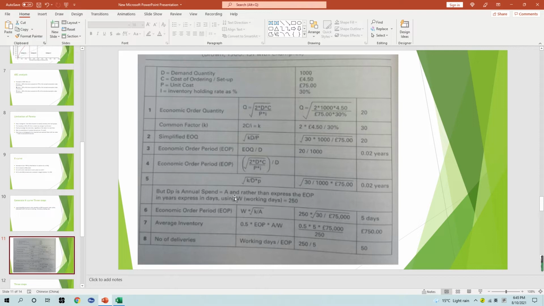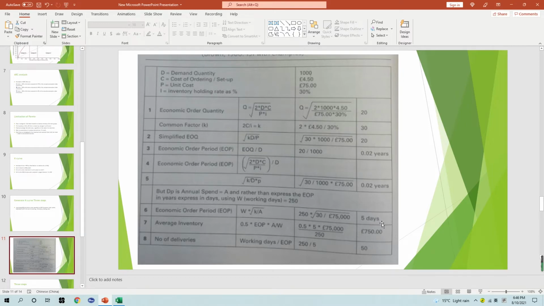Let's just say 250 days is the number of working days in a year. So we use the K factor divided by the annual spend, which is D times P, take the square root of that, times 250 working days, which gives us 5 days.